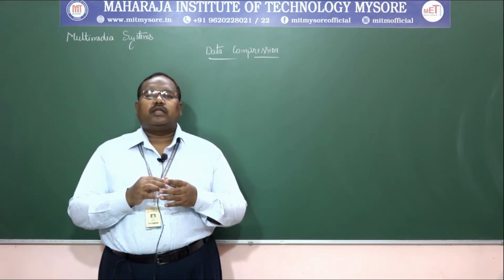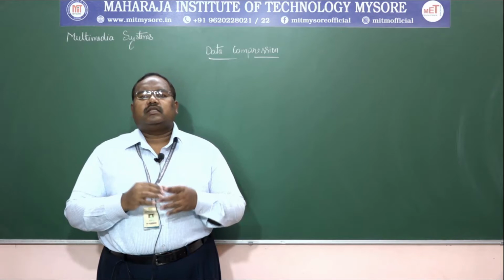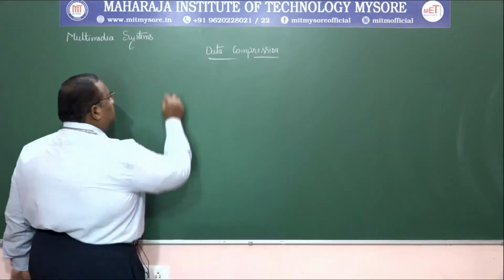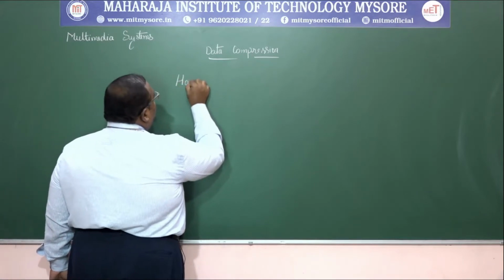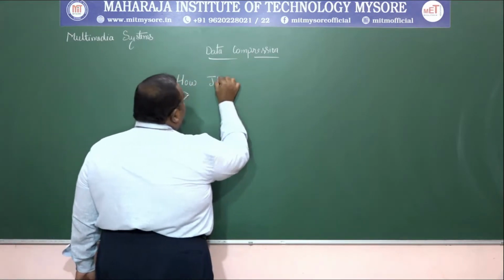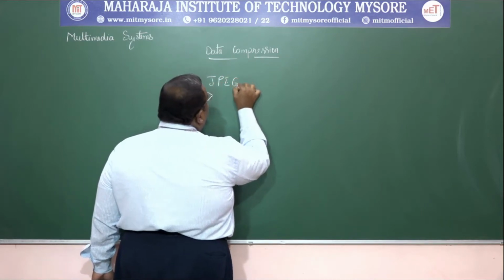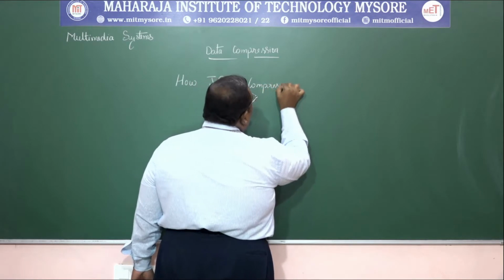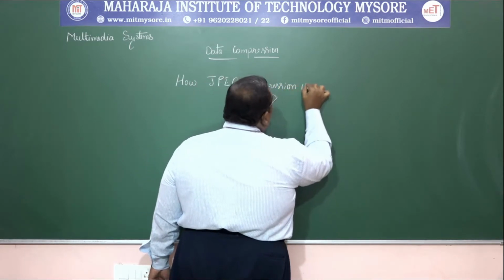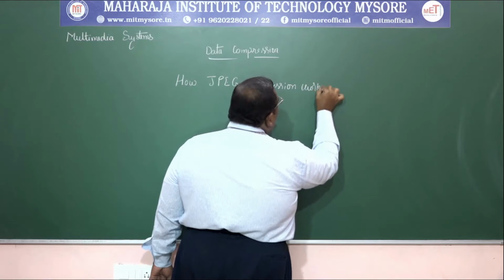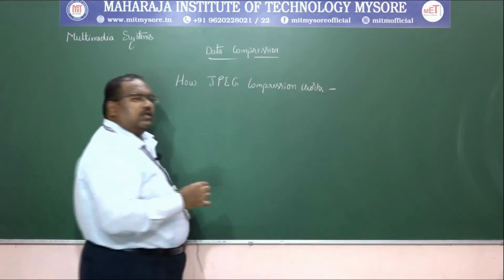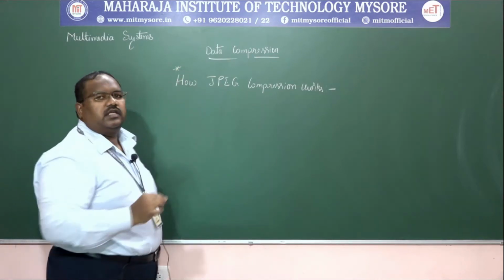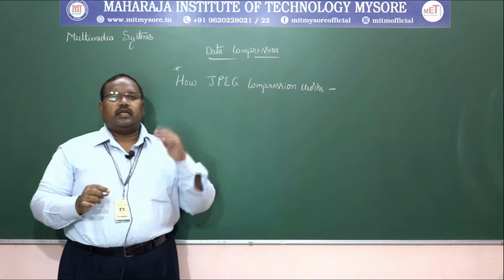Now let us look into the next topic, how JPEG compression works. This is one of the important topics, so I'll mark it with an asterisk, as it needs to be considered important.